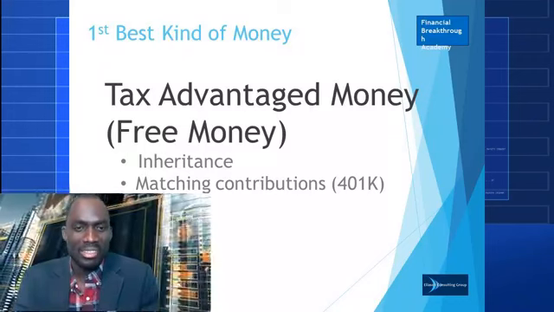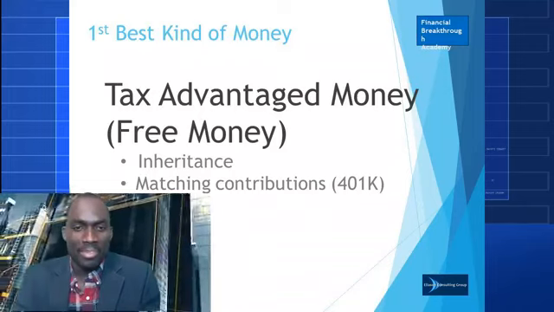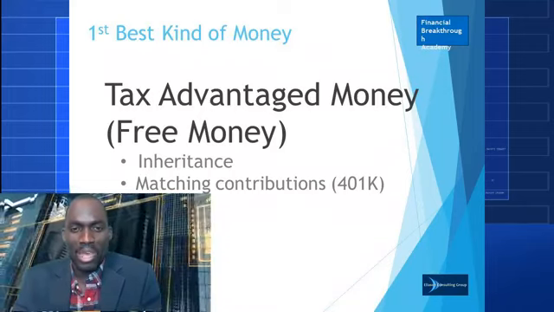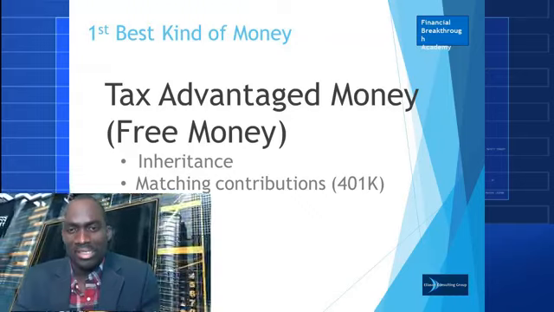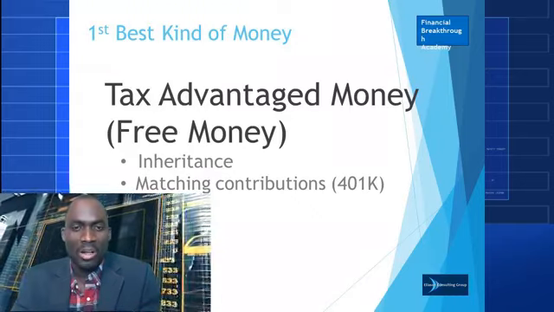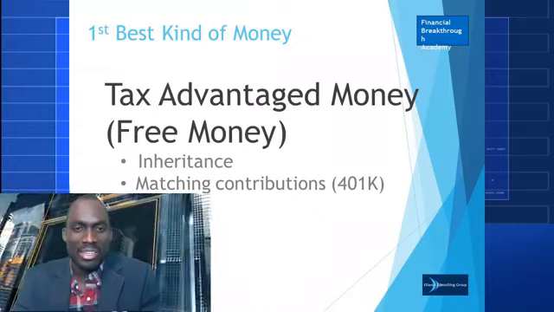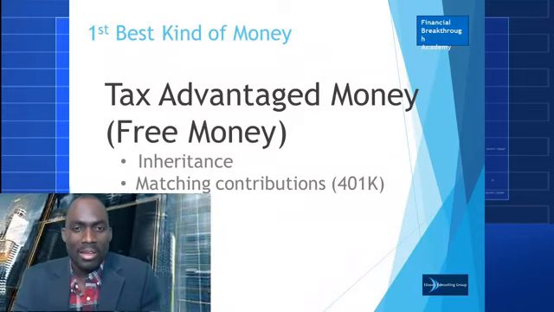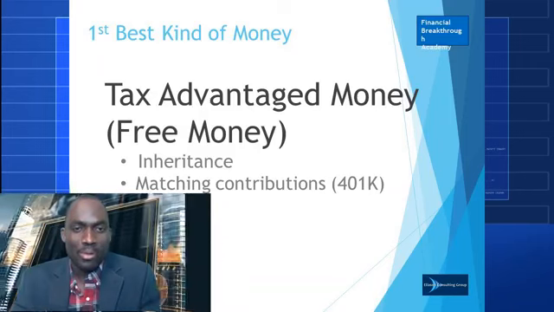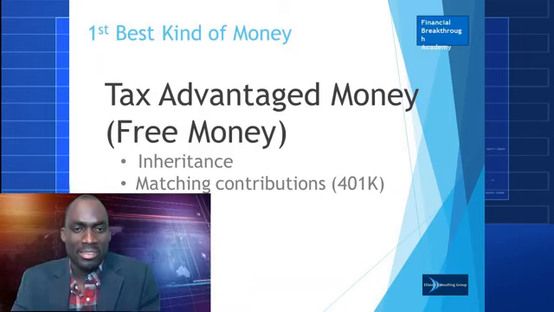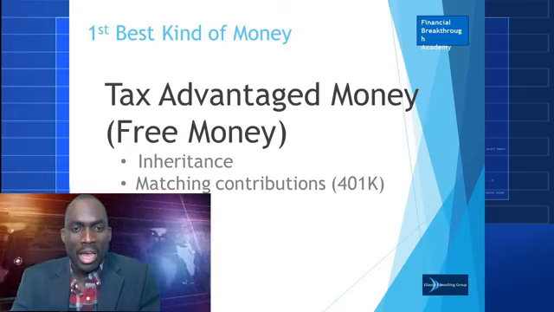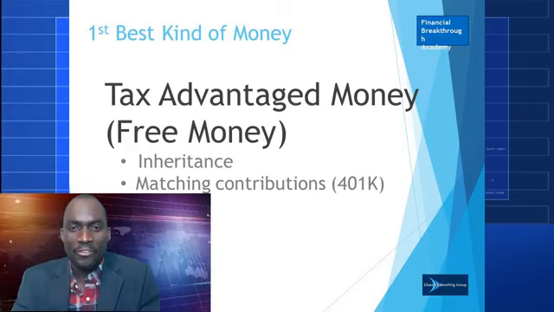Inheritance is pretty straightforward. If you have a parent, a family member, maybe a friend who likes you so much, and as they leave, they decide to transfer all their wealth to you as an inheritance, you may be able to possess that as free money. The best second alternative within this category is the matching contribution from an employer, typically a 401k contribution.